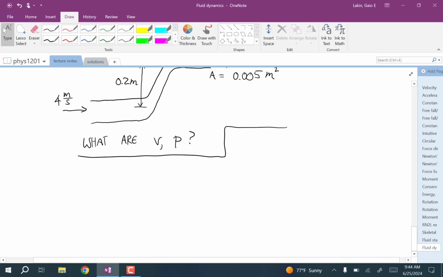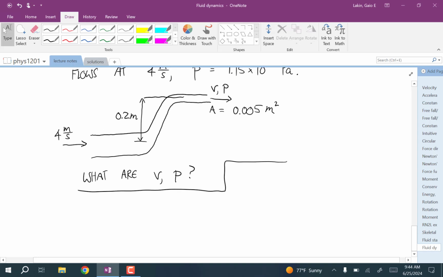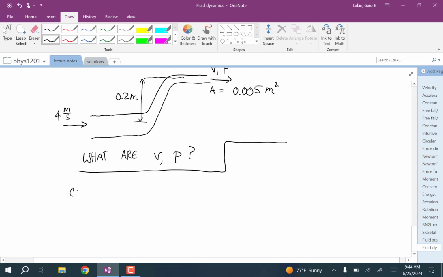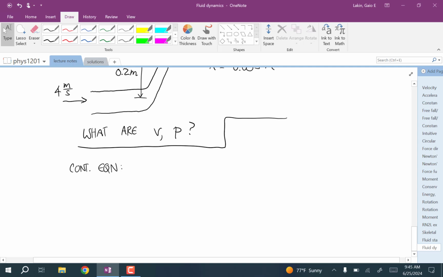Okay, so first I'm going to use the continuity equation to figure out the speed V. We know that the cross-sectional area on the left end times the speed on the left end is equal to the cross-sectional area on the right end times the speed on the right end.